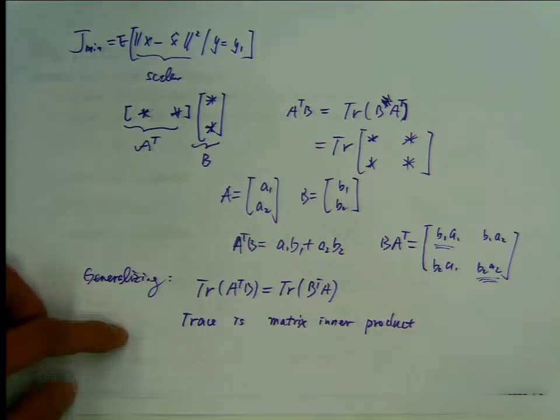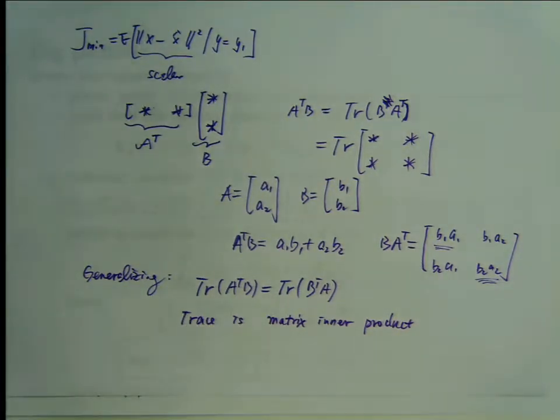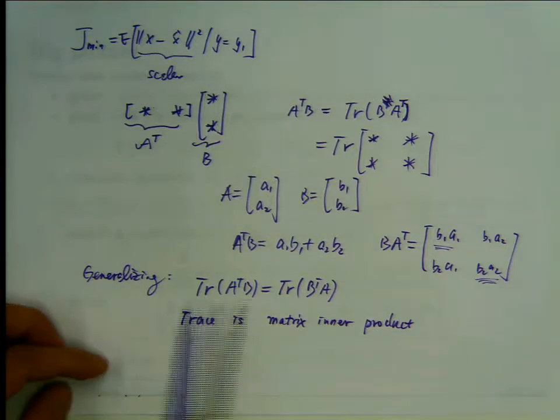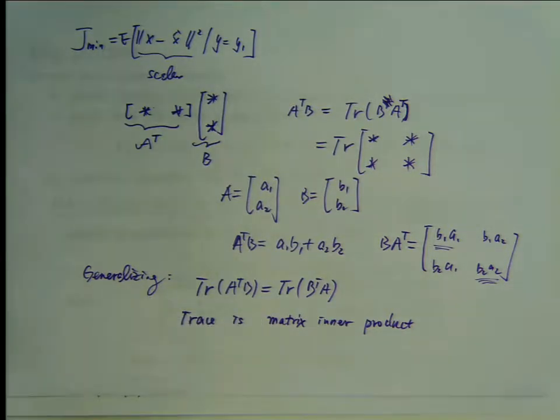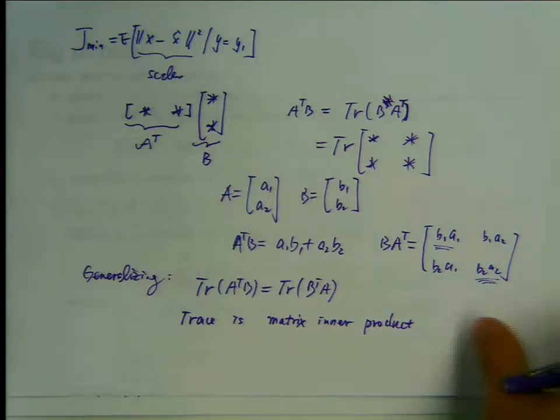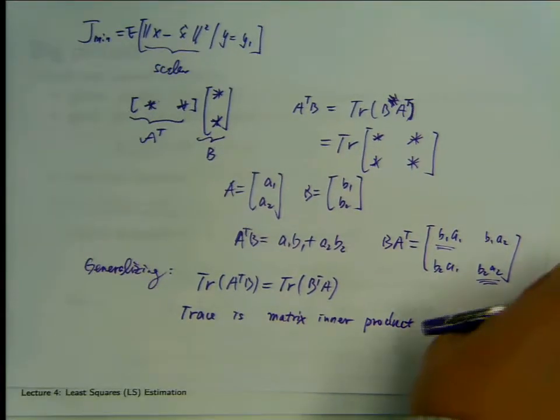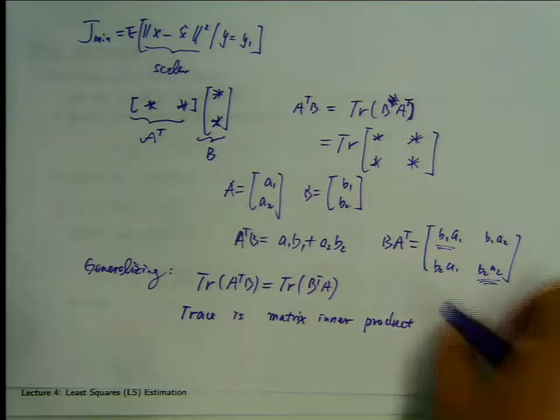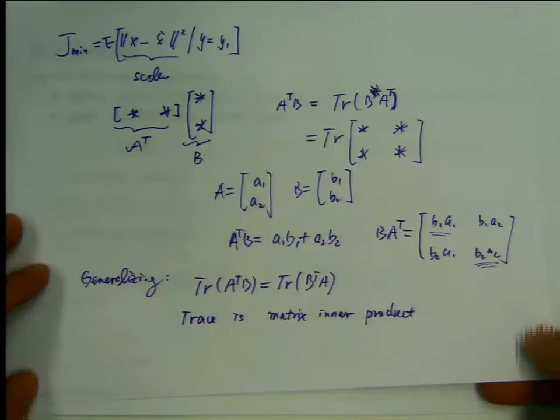For the vector case, A transpose B equals B transpose A, which is the vector inner product between two vectors. For the matrix case, trace is the inner product. That's just extending the discussion a little bit.